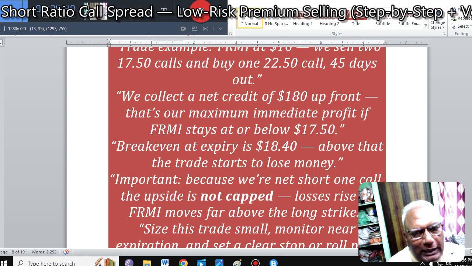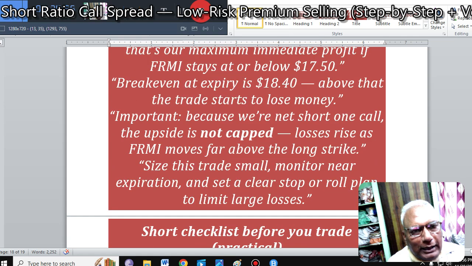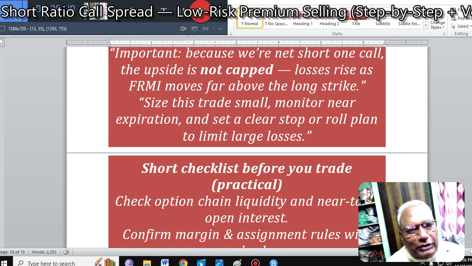Break even at expiry is $18.40. Above that, the trade starts to lose money. Important: because we are net short one call, the upside is not capped. Losses rise as FRMI moves far above the long strike. Size this trade small, monitor near expiration, and set a clear stop or roll plan to limit large losses.